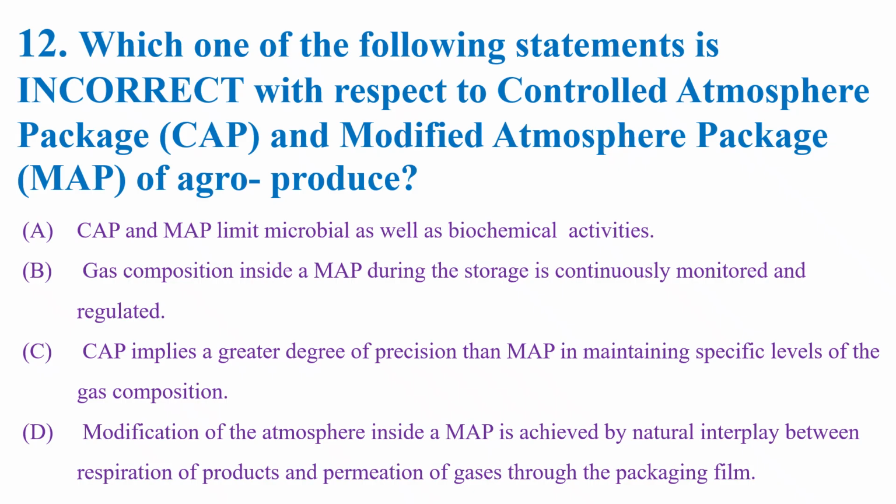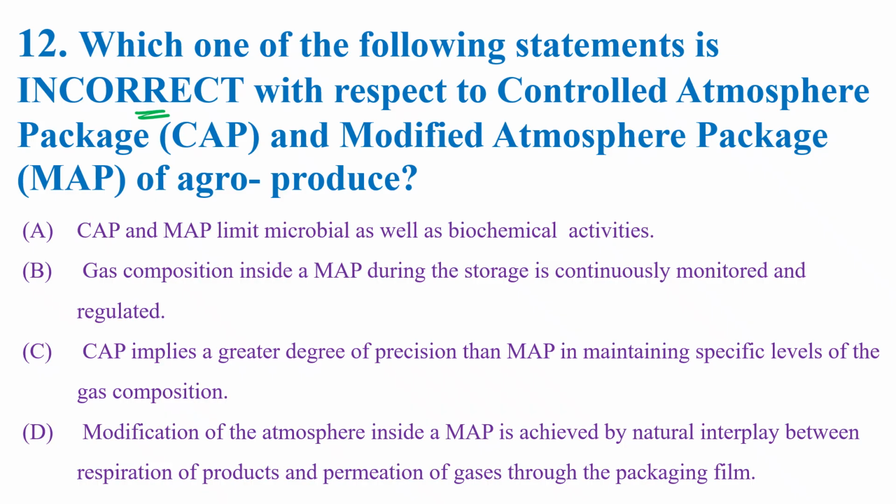Question number 12. Which one of the following statements is incorrect with respect to the controlled atmospheric package and modified atmosphere package of agro produce? CAP and MAP limit microbial as well as biochemical activities. Gas composition inside MAP during the storage is continuously monitored and regulated.